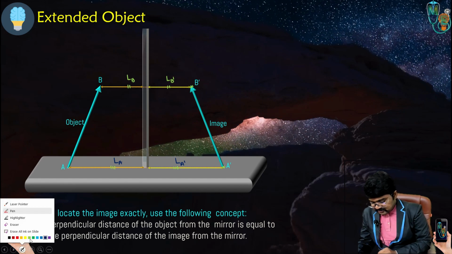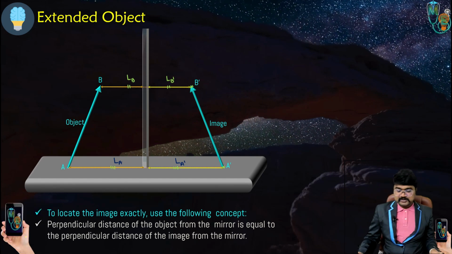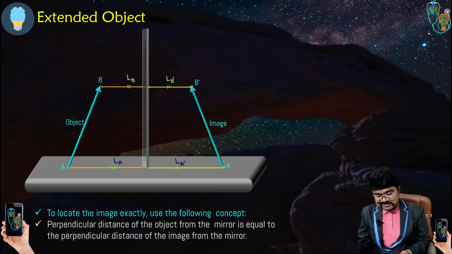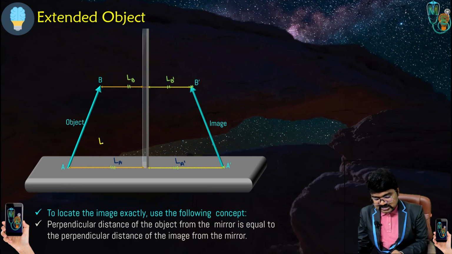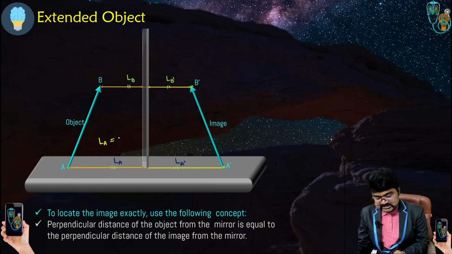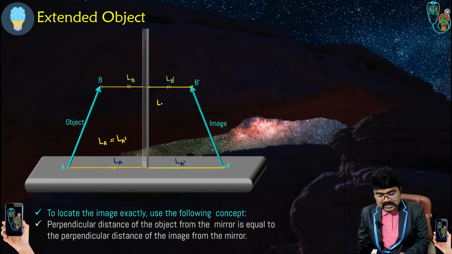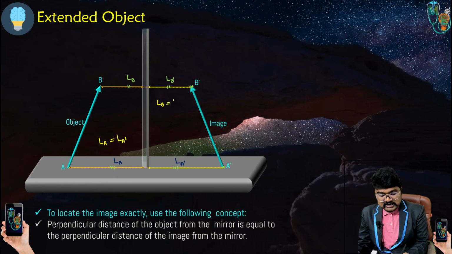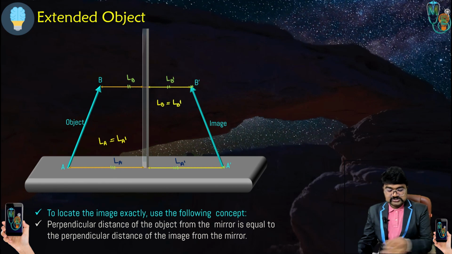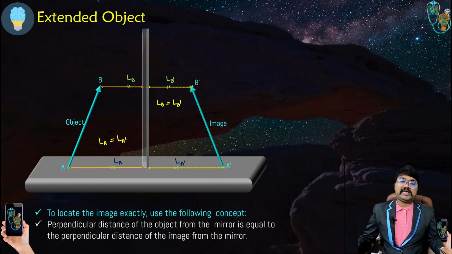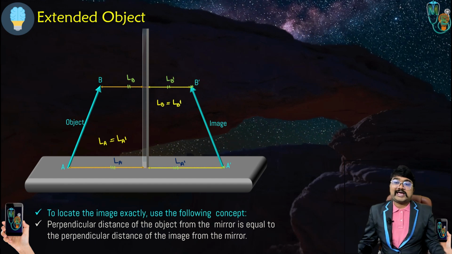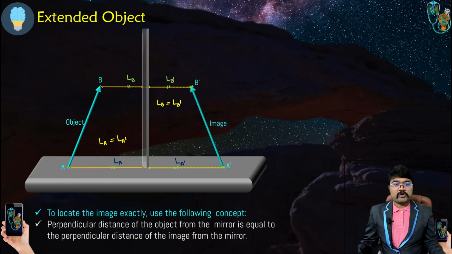So from the concept of perpendicular bisector, LA equals LA dash and LB equals LB dash. So from that concept, you will be getting the image for inclined extended object.